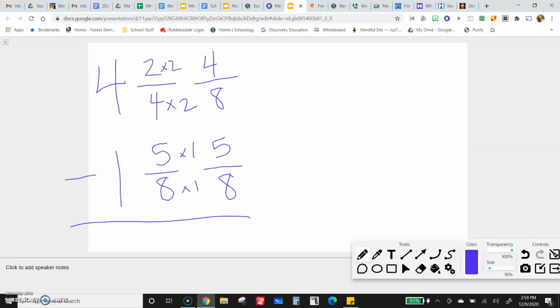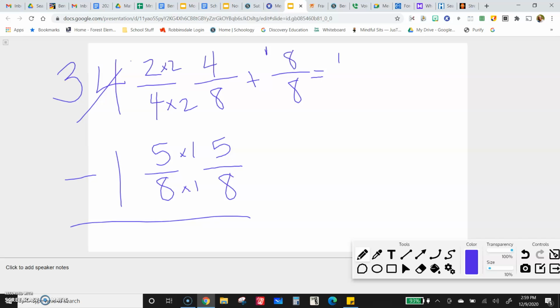Subtract my fractions. 4/8 minus 5/8. Uh-oh, can't do it. If I could do it, I would just carry on. But I cannot, so I need to borrow. Need to regroup. Go over to my whole number, take 1 away, come over to fraction land, add on 1 whole, but I'm going to call it 8/8 because 8/8 is the same thing as 1 whole, just like 5/5 or 6/6 or 10/10.